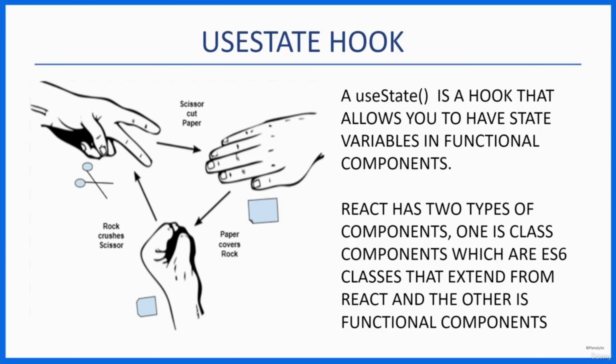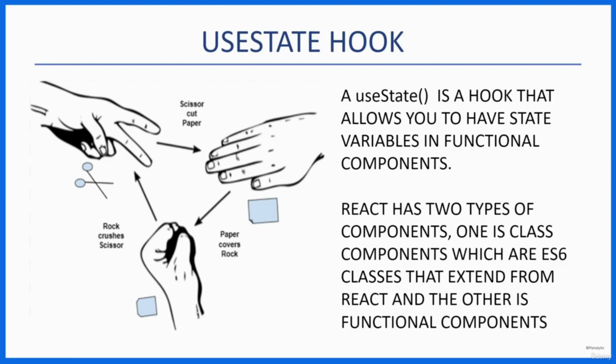Now useState hook. A useState hook is a hook that allows you to have state variables in functional components. React has two types of components. One is class components, which are ES6 classes that extend from React, and the other is functional components. So useState hook is basically a hook that allows us to have state variables.